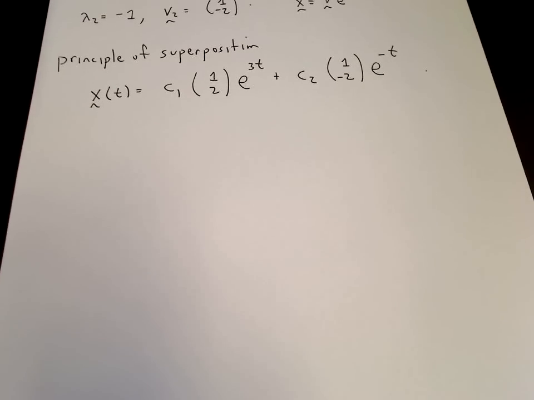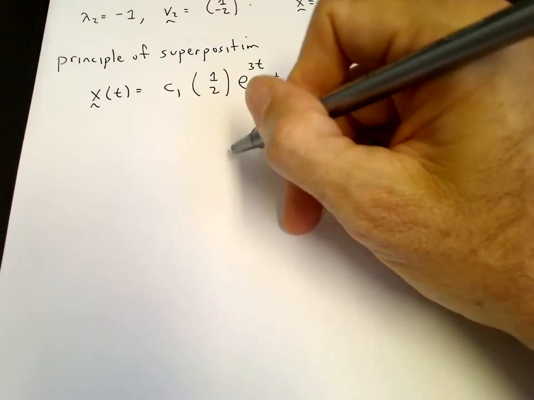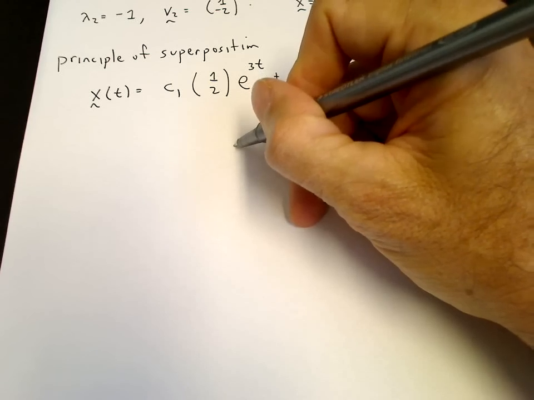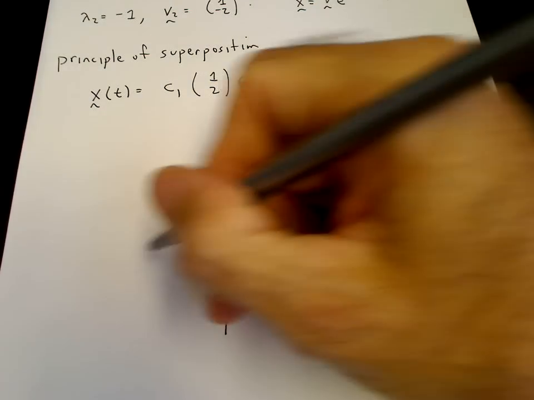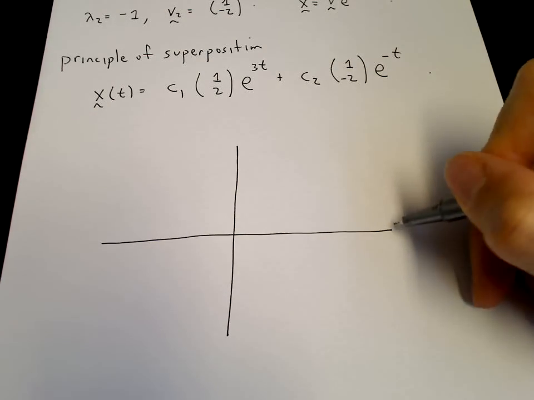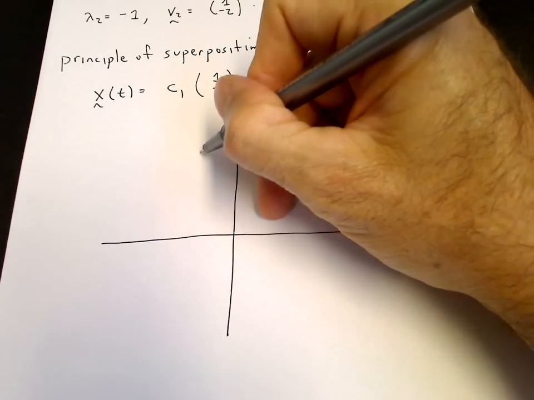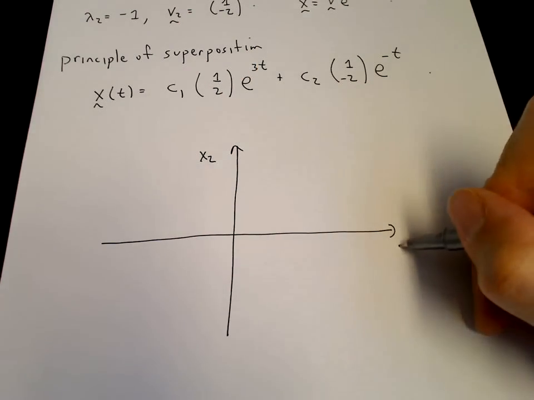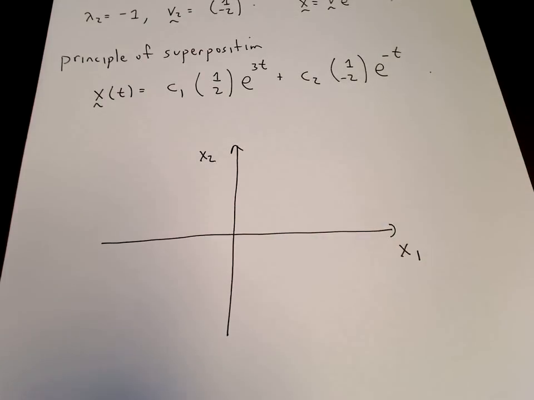Okay. In the remaining time, we can see how to sketch the phase space diagram. So that would be a sketch of x2 versus x1. To make this sketch, what we do is draw the eigenvectors.